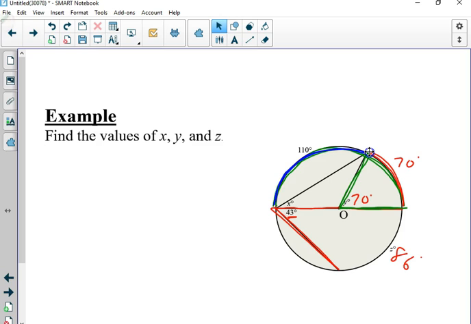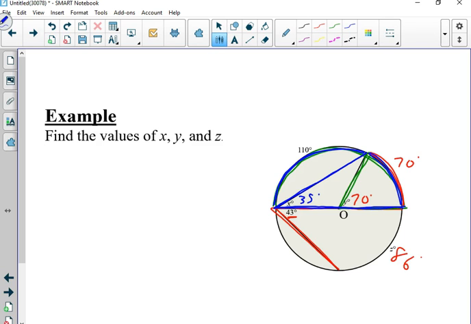Now, if you look here, a lot of colors going on. Here is another inscribed angle with 70 right here, which makes x 35, half of the 70.